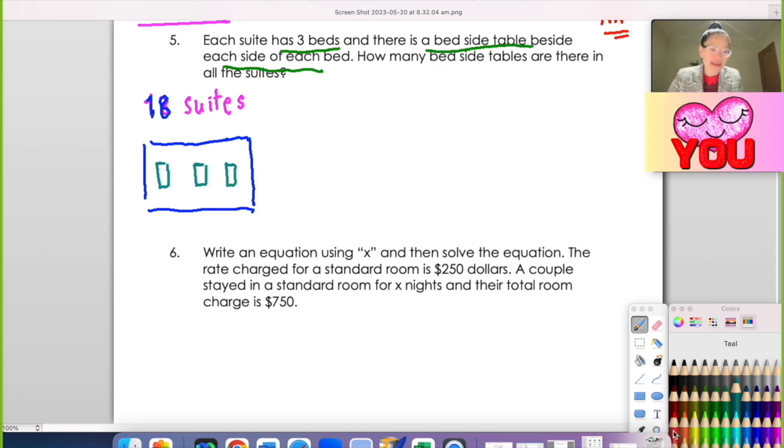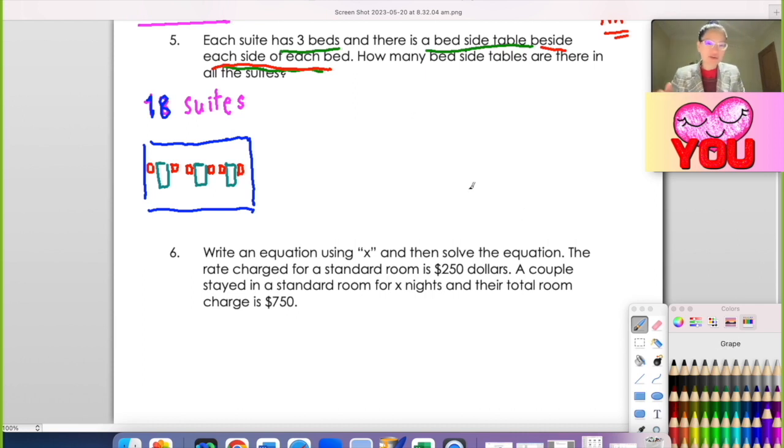And each bed has a bedside table beside each side. Underline this: beside each side of each bed. So that means one bed has 2 sides. So they have 1, 2, and 1, 2. I just write down a model so you have the idea.